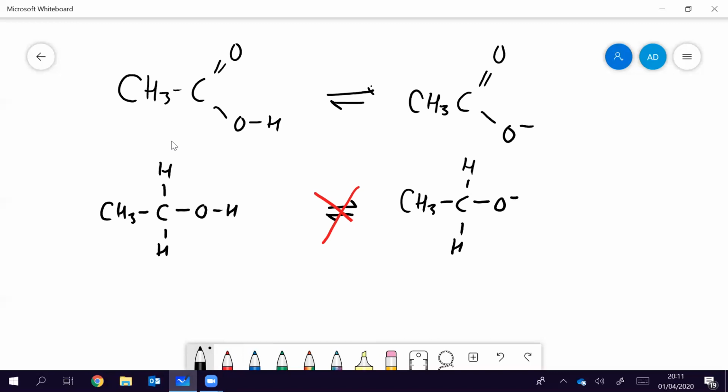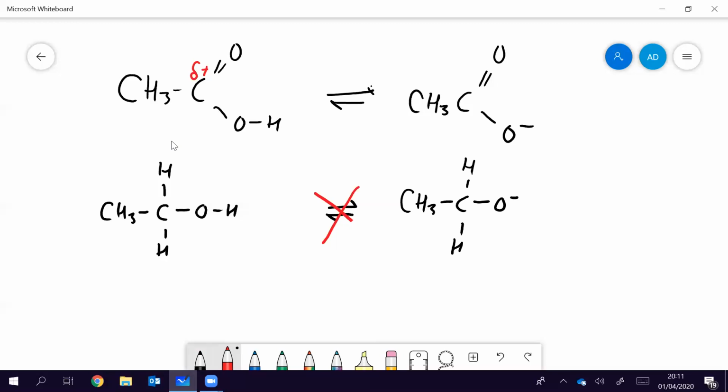Well, there's a more complicated explanation, but what's good enough for us at the moment is to think, right, this carbon is going to be quite delta positive because you've got an electronegative element, oxygen, attached to this carbon. And that's going to withdraw charge out of here. It's going to weaken this bond between the oxygen and the hydrogen, makes it easy to break.